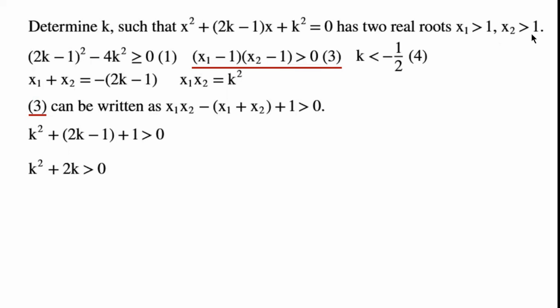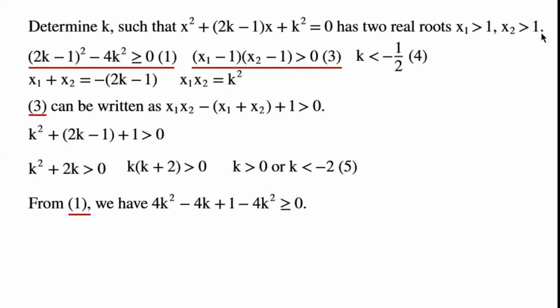So k squared plus 2k is greater than 0. We can factorize the left-hand side of the inequality and write k times (k plus 2). So either k is greater than 0 or k is less than minus 2.